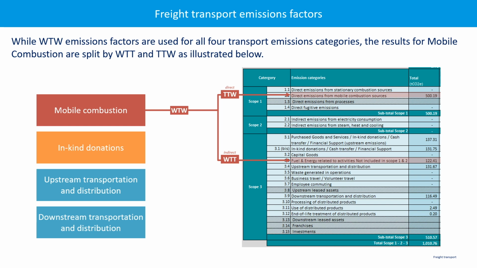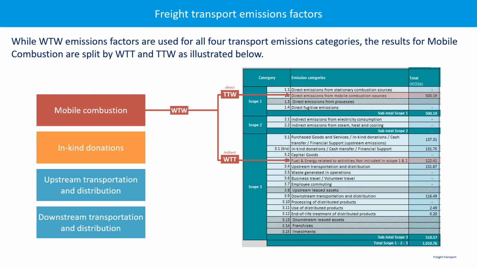So when looking at the results overview in the Humanitarian Carbon Calculator tool, as shown on the screenshot here, you can find the tank-to-wheel emissions in the category direct emissions from mobile combustion sources under Scope 1, and the well-to-tank emissions in the category fuel and energy related to activities not included in Scope 1 and 2.